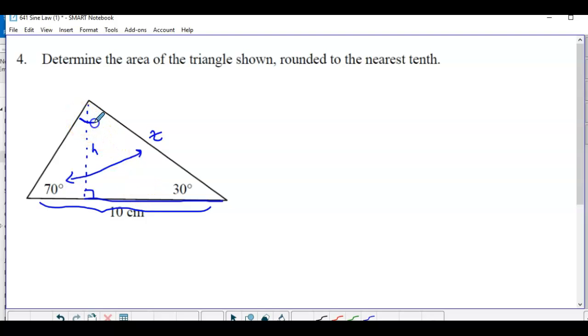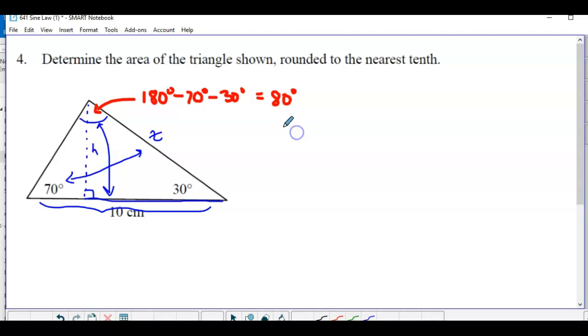Now here, we need a complete matchup. We don't know this angle, but the good news is that we know the other two. So this angle in here, maybe I'll do it in red, is going to be 180 minus 70 minus 30, and that's going to be 80 degrees. That's our matchup, our pair that we do know.